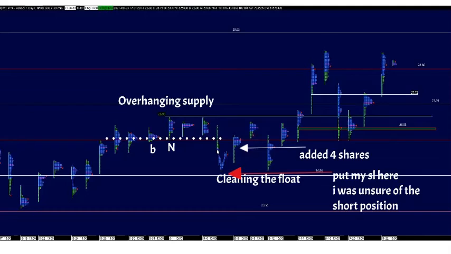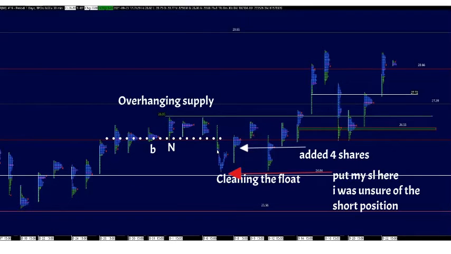Now, I can tell off PLTR when it's going to puke and when it's not because of the nature of the stock. You can see the patterns here now, right? Where the B profile is, and then the next day it had a normal distribution, which is where the N is, I noticed it wasn't operating right, and it was building an overhanging supply, which you can see there.